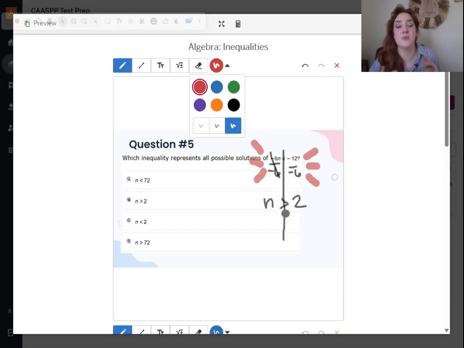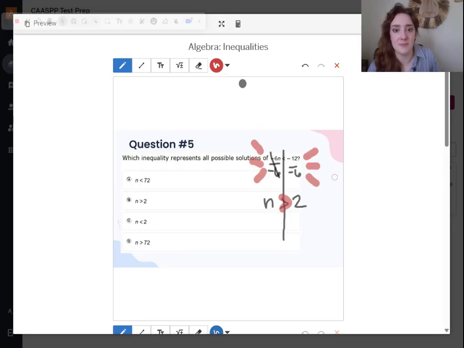Anytime we are multiplying or dividing by a negative number, that's the big idea with inequalities, the sign is going to flip. So it was once a less than, now it is a greater than. We can check: n is greater than 2, and we can box our answer.